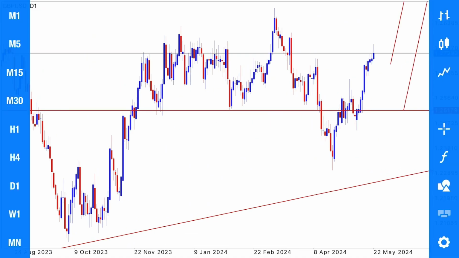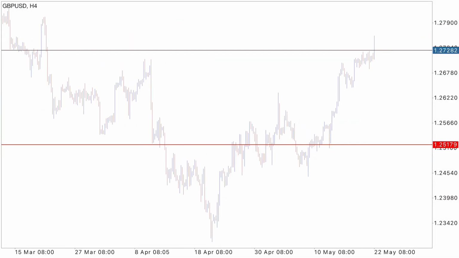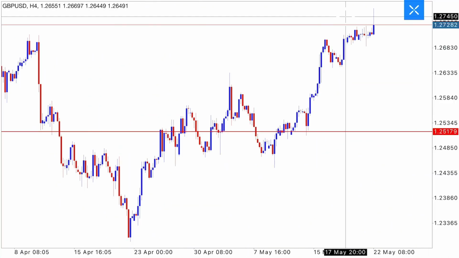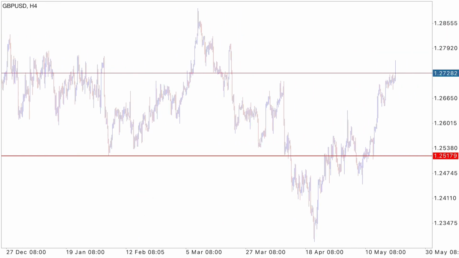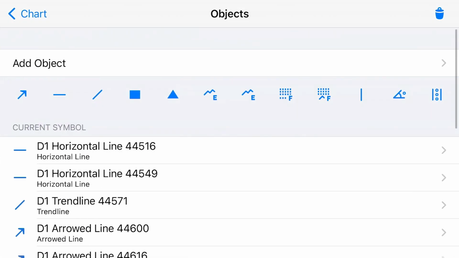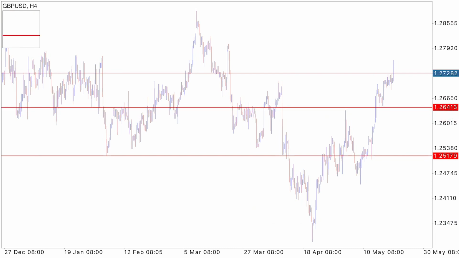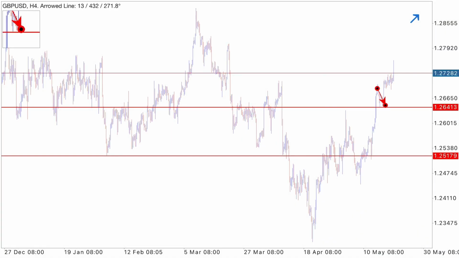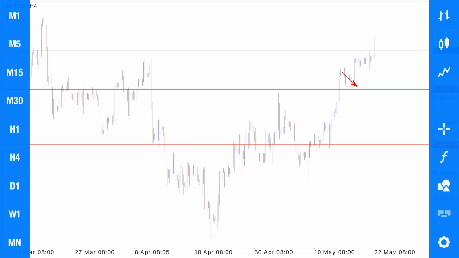Alright, going to a 4-hour time frame, I can actually have confidence that from this point here I can take my buys. Reason being that we can see that at this point here the market came and created a bit of a reversal here before shooting to the upside.